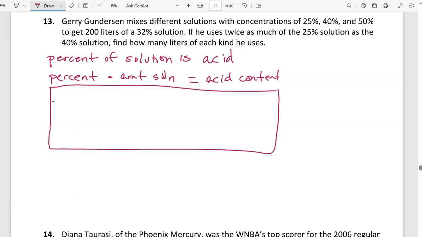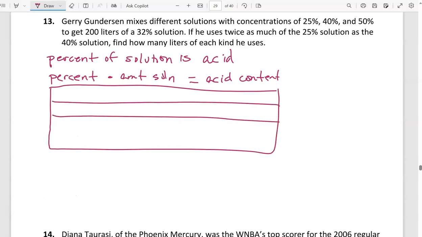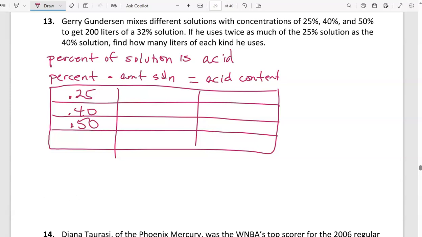Now, in a mixture problem, we have the things that we're mixing together, and we have the total mixture. So the three things I'm mixing together are a 25% solution, 40% solution, and a 50% solution. Don't forget to write those in decimal forms. And the mixture that we're making is a 32% solution. The amounts of each solution are not known, but the total amount of the solution, or the amount present in the mixture, is 200 liters.